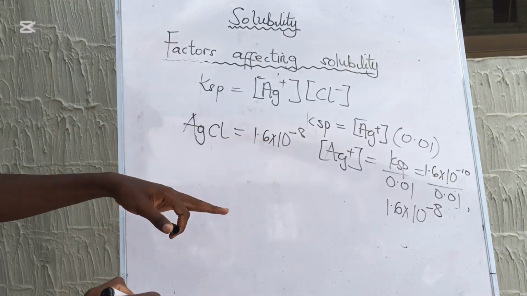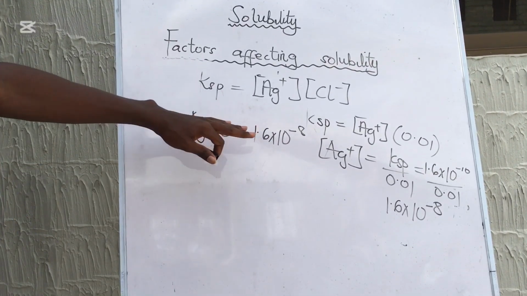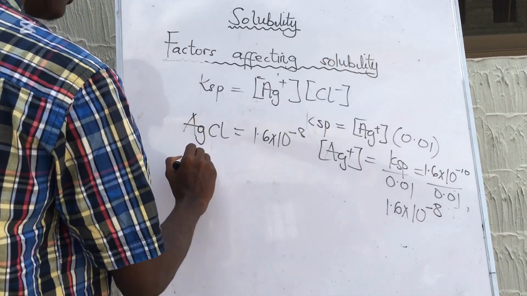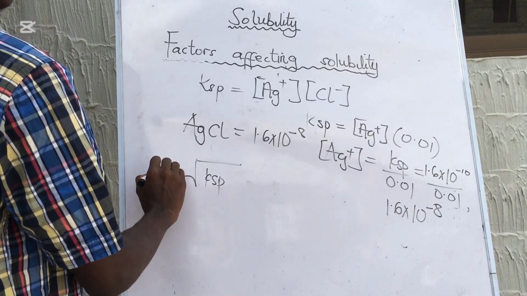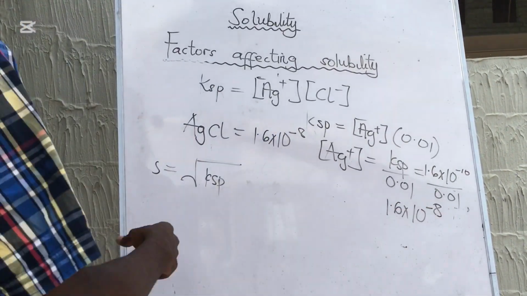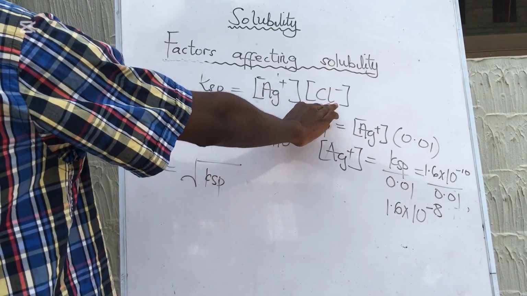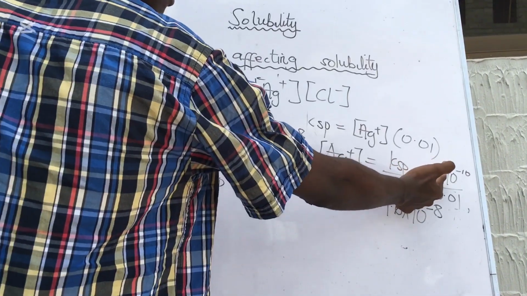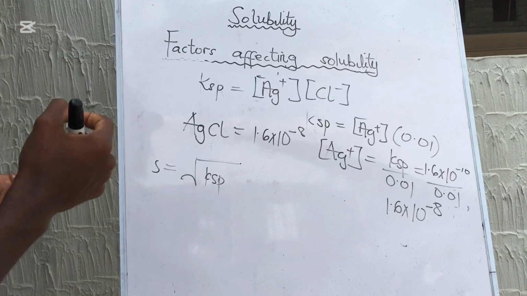But initially, if you are finding the solubility given the KSP without dissolving it in a solution that contains the Cl minus, then the solubility will be equal to the square root of KSP, which will give you something times 10 to the power negative 5. But now we are having it to times 10 to the power negative 8 after we've dissolved it in the Cl minus. Remember that we're still using 1.6 times 10 to the power negative 10 because I already told you that KSP does not change. KSP does not change.